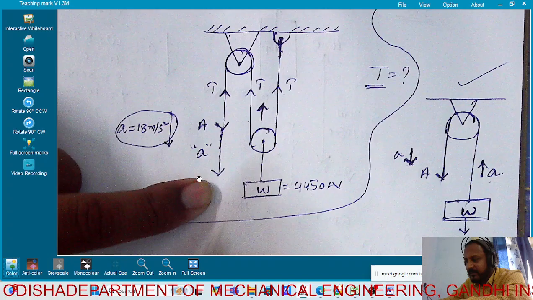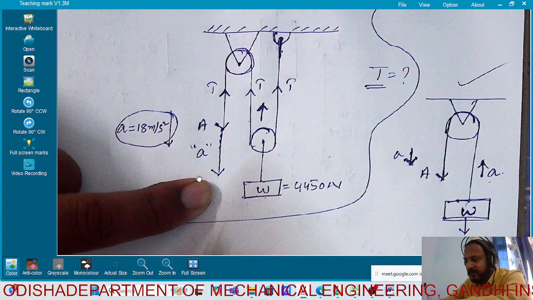When this string goes upward, then only the body will go upward, or not? So whatever you are pulling, that becomes half here. So if it is accelerating with an acceleration a, the acceleration also will become a by 2. Understood?